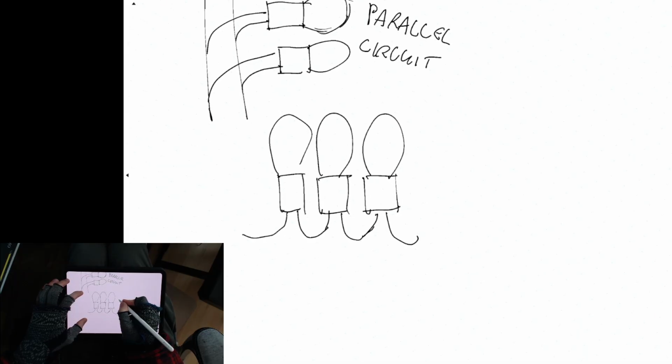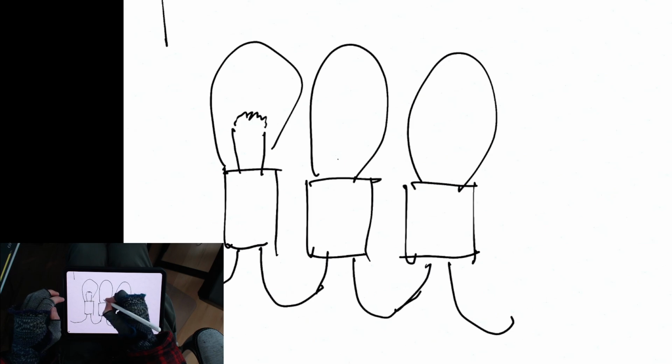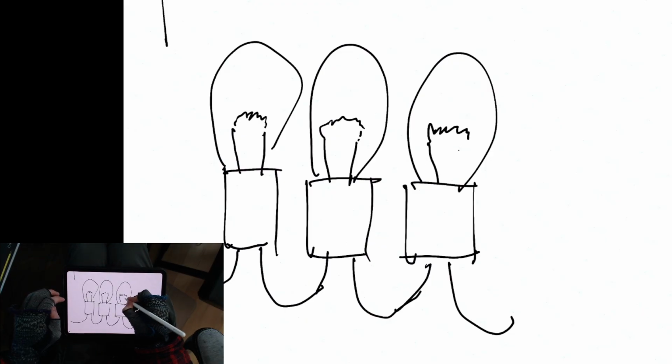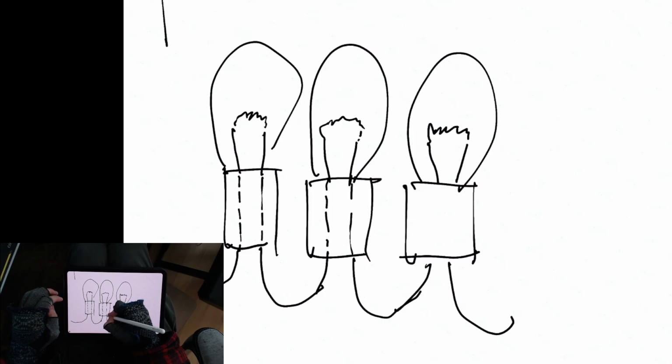We care how they work. And inside the bulb, remember, you've got that little filament here. And so, naively, this is how it goes, right? This is all one long wire. This is one long conductor.